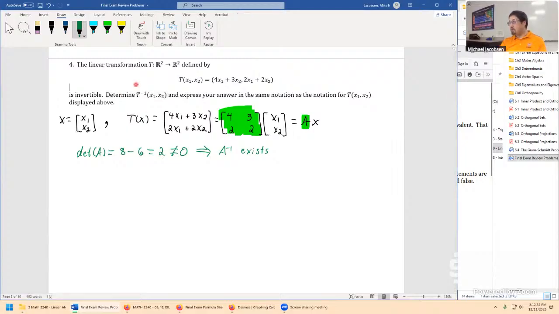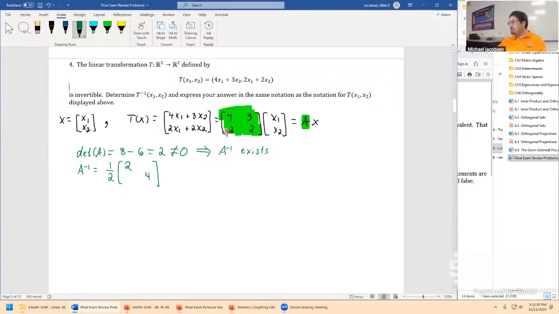So now compute A inverse as the formula is going to be take the reciprocal of the determinant of A, go back to the matrix A, and it's just a numeric entry game that we do. The entry part is just exchanging the main diagonal. So 4, 2 becomes a 2, 4.